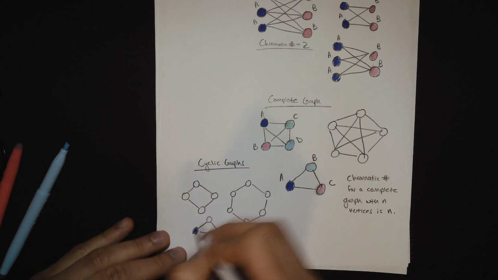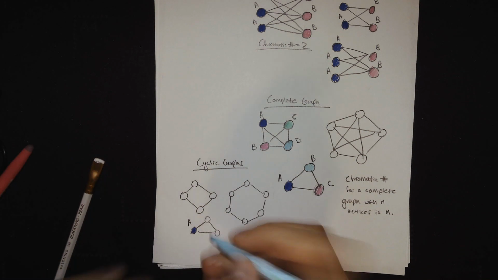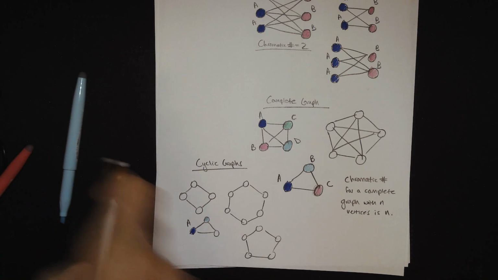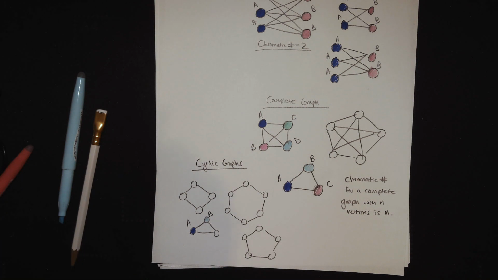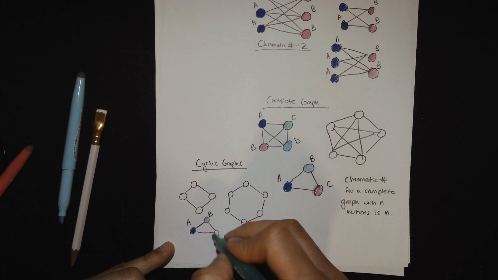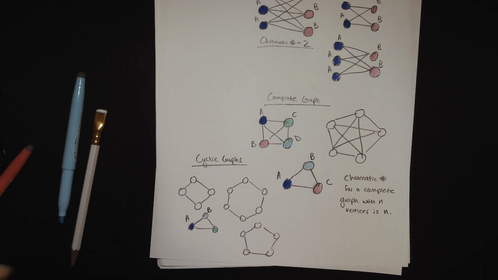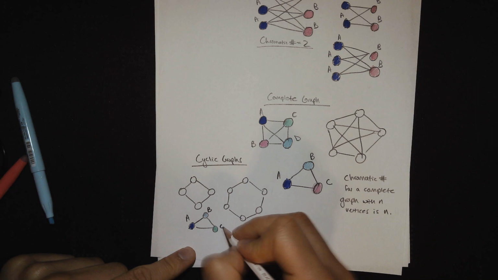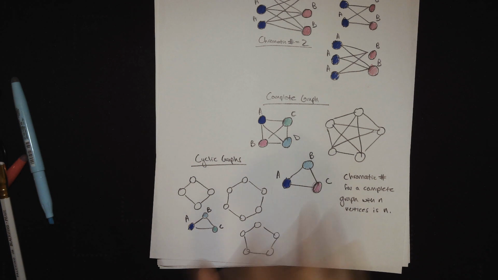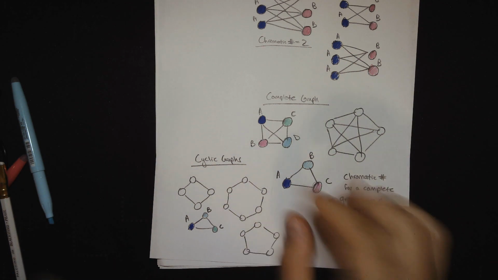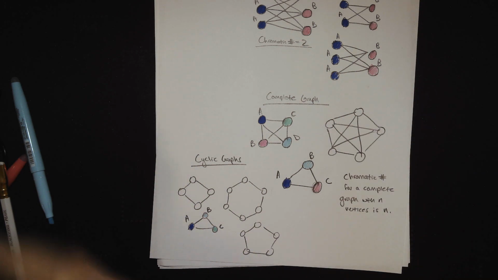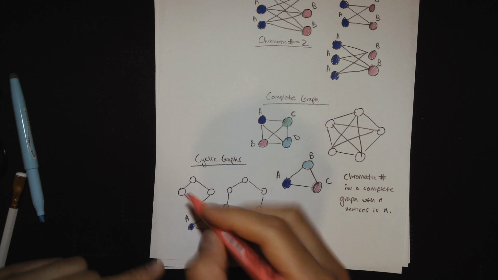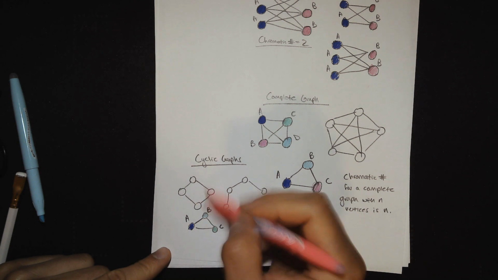All right. So we know that this requires 3 colors / labels for the coloring. I apologize if you see that the colors and labels I'm using aren't consistently matching up here. And then what about the case where we have a cyclic graph with 4 vertices? Let's start.